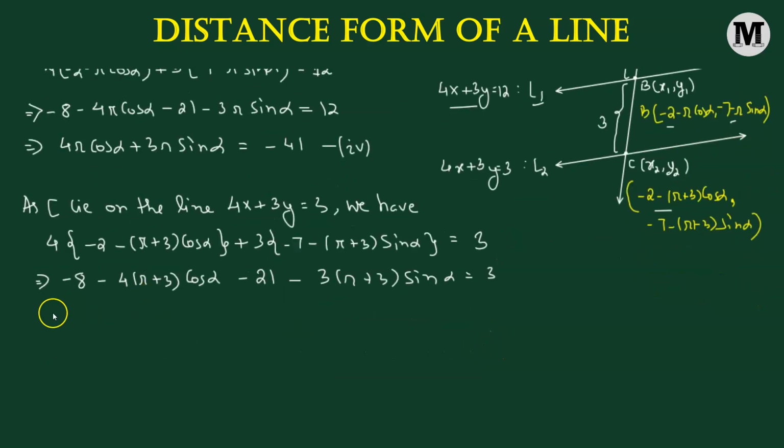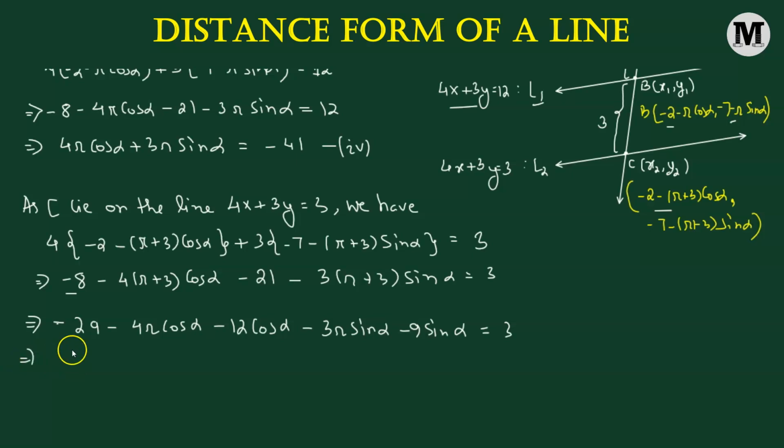Then we have -8 - 21, so that's going to be -29, minus 4r times cosine of angle alpha minus 12 cosine of angle alpha minus 3r sine alpha minus 9 sine alpha, equal to 3. Okay, fine.